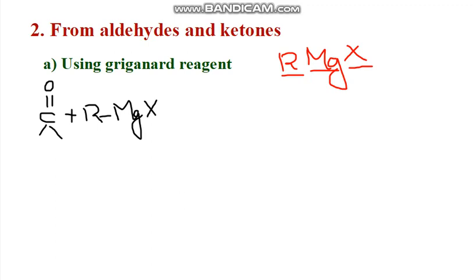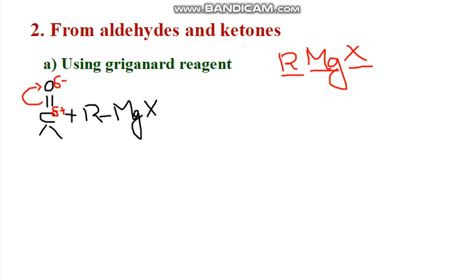Here, let's see how the bond shifting is happening. We know that C double bond O, this bond will shift towards oxygen, and the oxygen will get partial negative and here it is partial positive charge, isn't it?